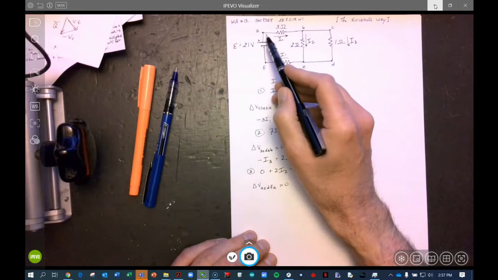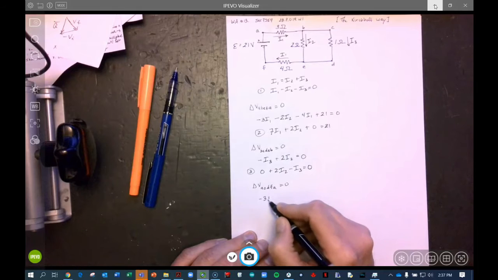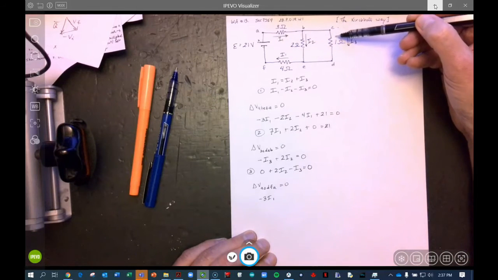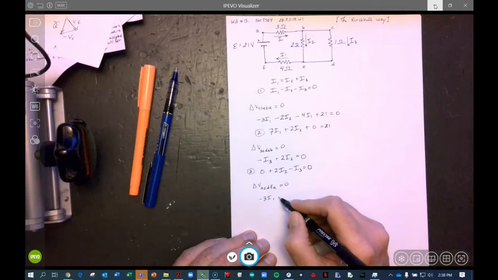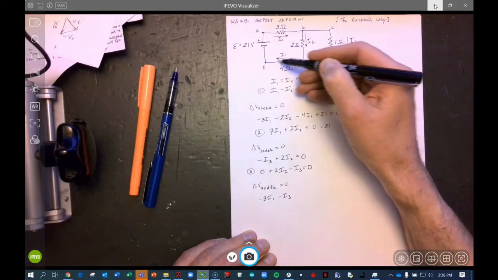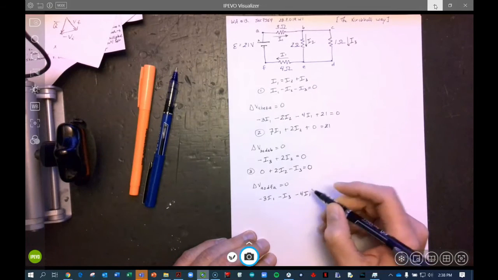Again, I'm going in the same direction as my current, so it's going to be minus 3I1. In the same direction as my current again, it's going to be minus I3, I'm just not going to put the 1 there. Same direction as my current, it's going to be minus 4I1.